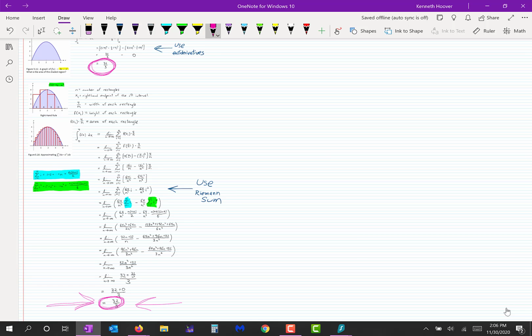The Riemann sums will definitely give you the correct answer, because you can see in the pictures how the areas of the rectangles conform to the shaded blue area. So we know that the Riemann sums will give us the correct answer. The question is, why do the antiderivatives give us the correct answer as well? That's the big question, and we'll answer that in the next lecture.